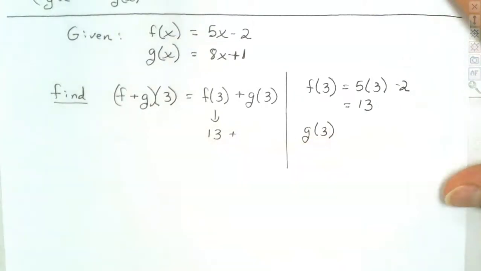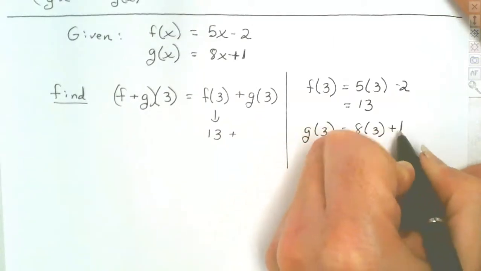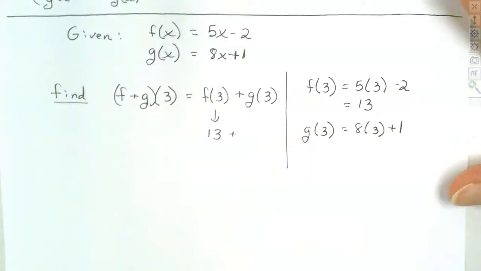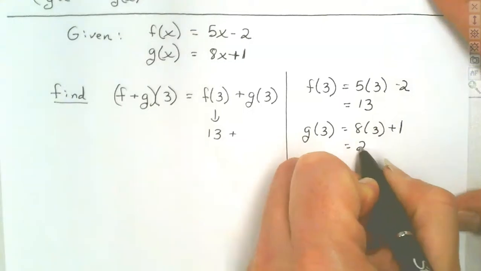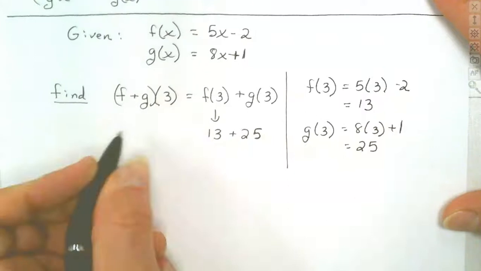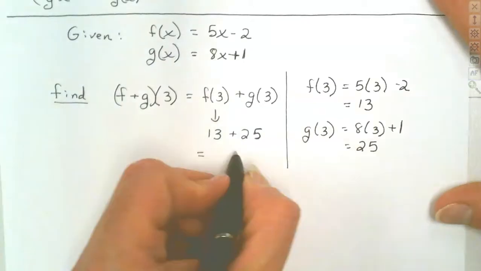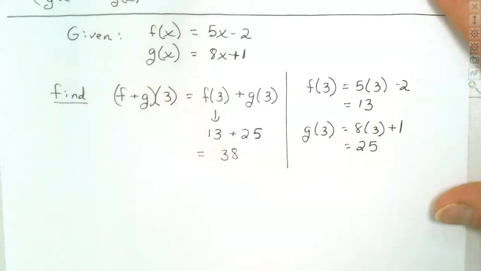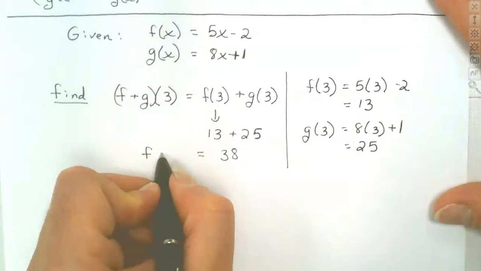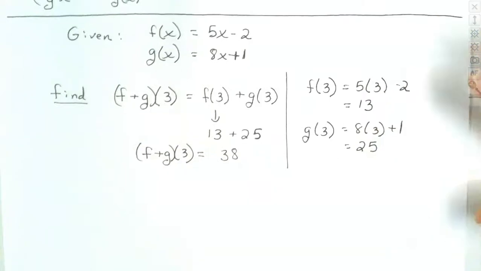G of 3 would be 8 times 3 plus 1. And 8 times 3 is 24, plus 1 makes it 25. And then we simply add them together. 13 plus 25 is going to be 38. And that is f plus g of 3. So there's your answer there.